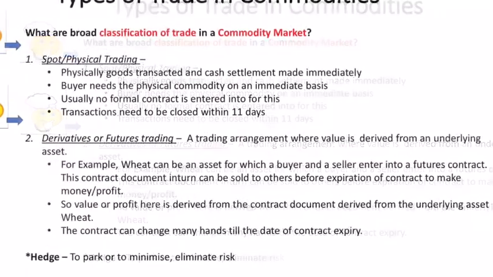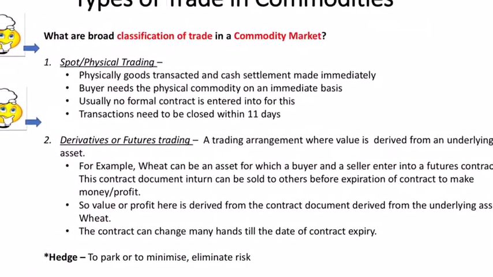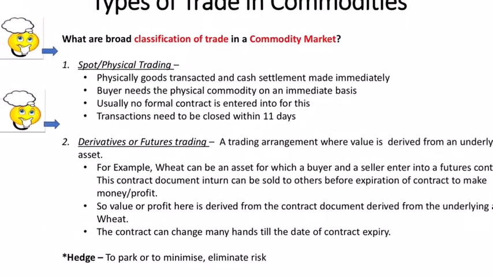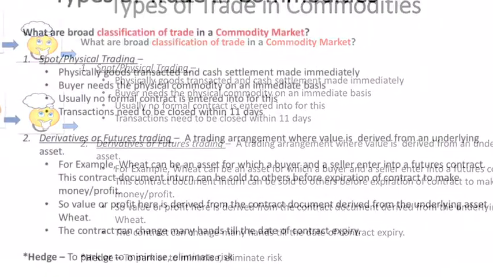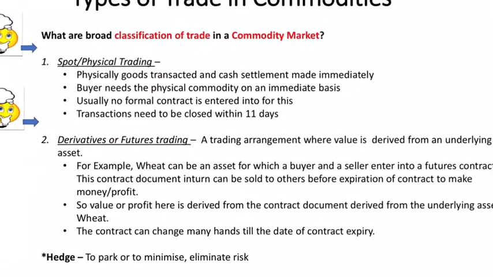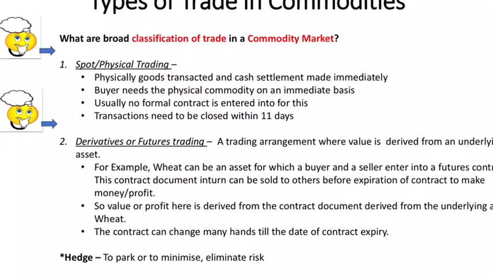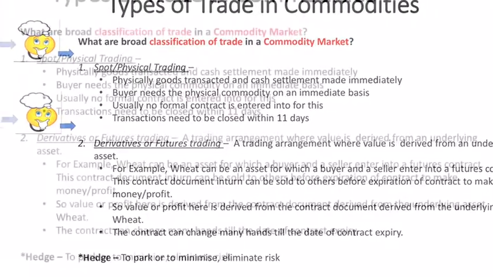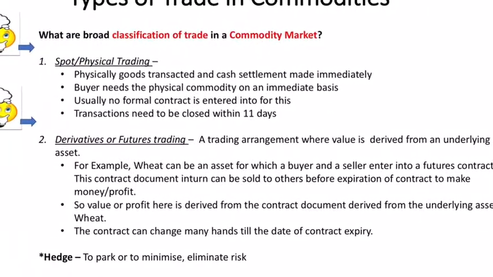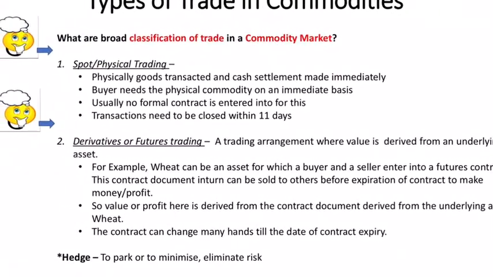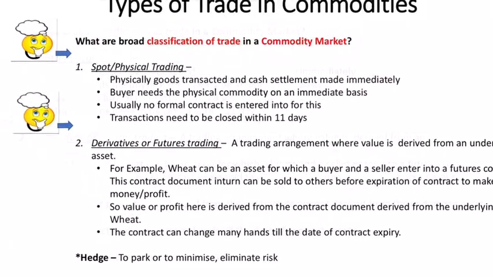Okay. Now to give you an example, I already told you in a commodity exchange, people make money and they enter into a contract that is to be executed in the future. Okay, so there is a contract document, and finally only on some future date is it going to end, right?